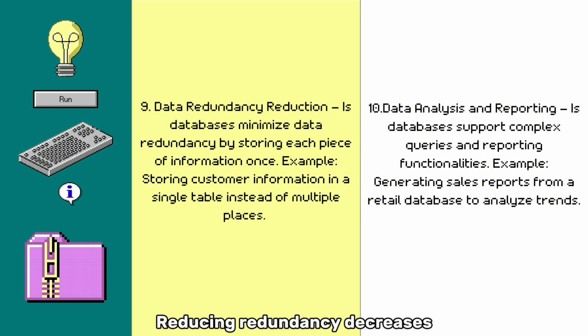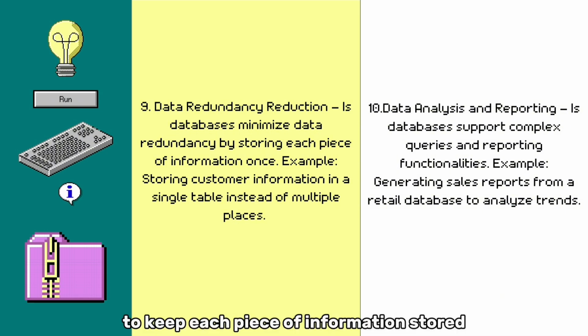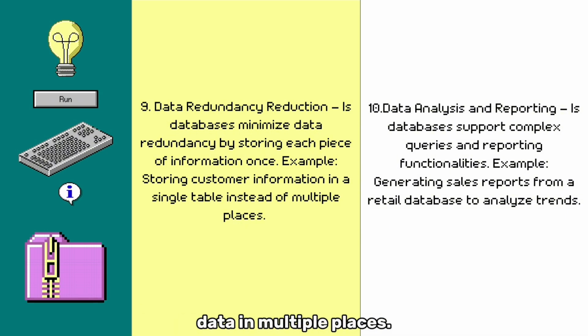Trivia: reducing redundancy decreases the chance of data inconsistencies. It means that databases are designed to keep each piece of information stored only once, which helps save space and avoid confusion from having duplicate data in multiple places.